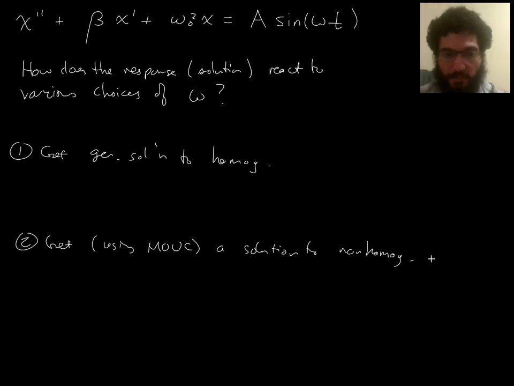So by some means, even guessing, you get a solution. And then you add them. One thing that's different, and that actually makes it easier to analyze this situation, is that what you get here will decay.